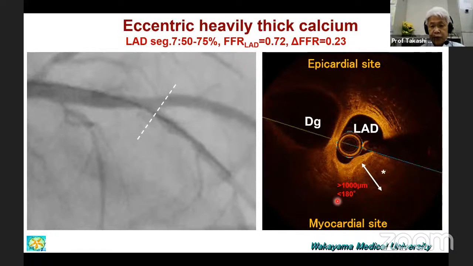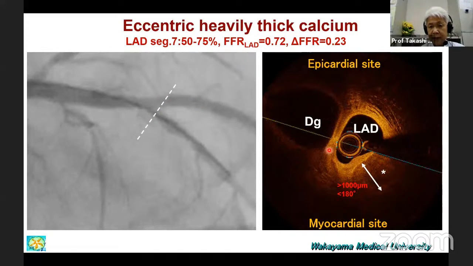Yes, not only circular calcium, but also the eccentric thick calcium is a big issue in complex PCI. This is a significant stenosis at the proximal site of LAD, just the opposite side of the diagonal branch. This is an OCT image.